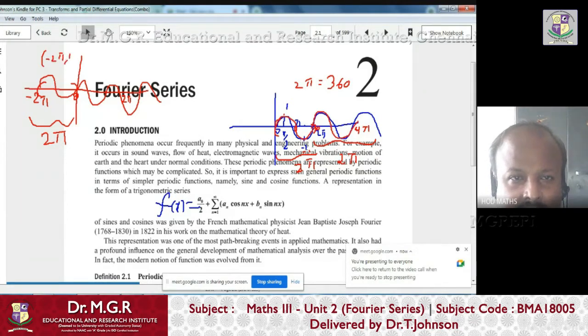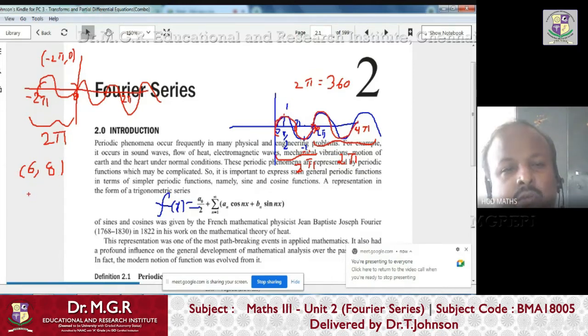Length of an interval means, suppose 6 comma 8 is the interval, then the length of this interval is 2, nothing but 8 minus 6, right? So whether it is the positive side or the negative side, the graph of the curve remains the same, right? So this is the basic of a periodic function.